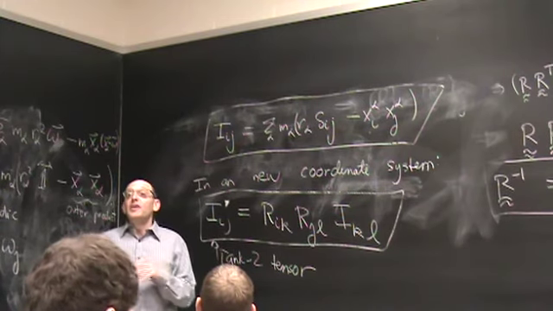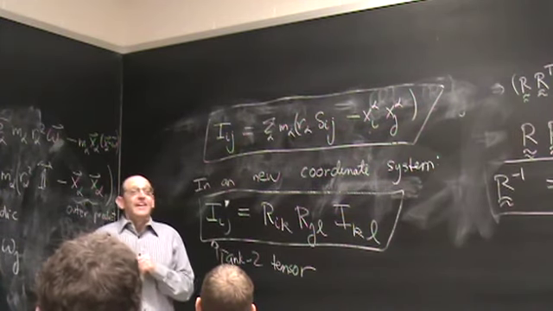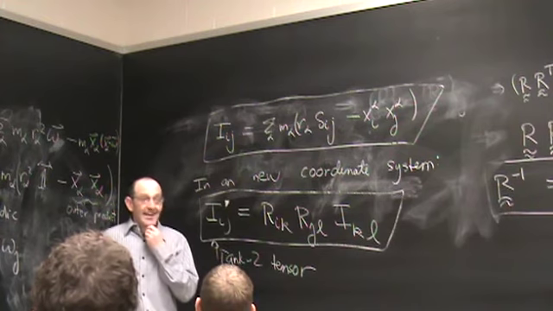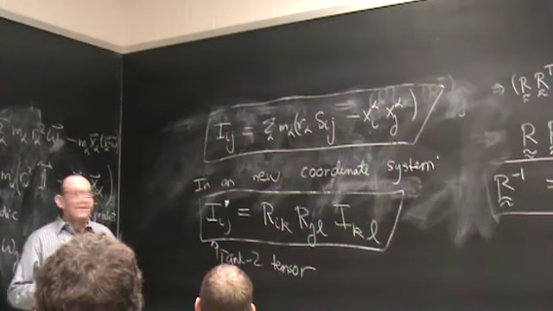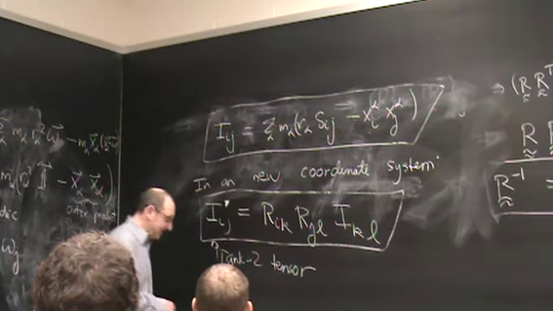So let's conclude. Wild guess. If you have a rank n tensor, what would you do? Well, you'd have n of these guys.